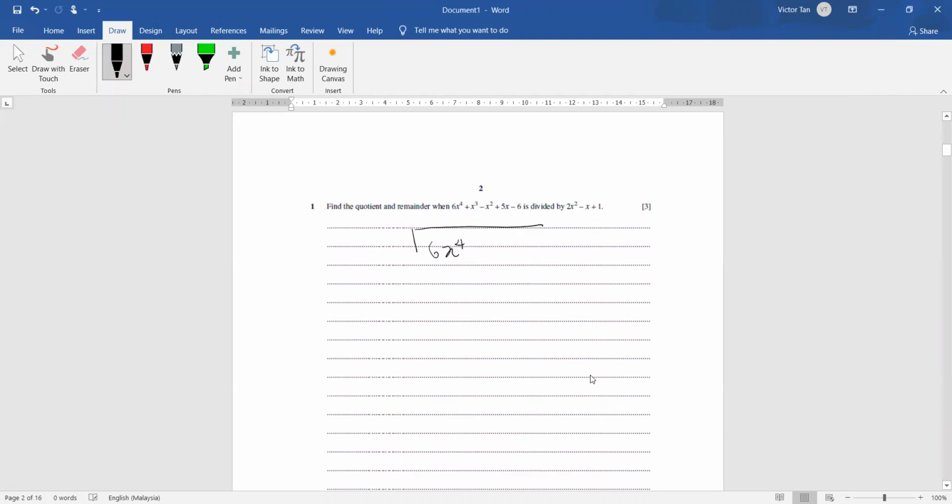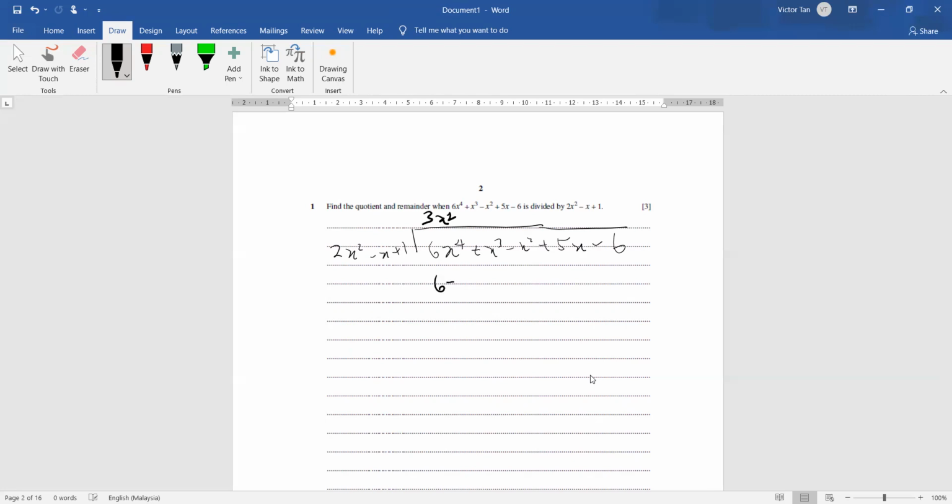6x to the power 4 plus x cubed minus x squared plus 5x minus 6, divided by 2x squared minus x plus 1. When you do this, you've got to be careful. In order to get 6x power 4, you must times by 3x squared.